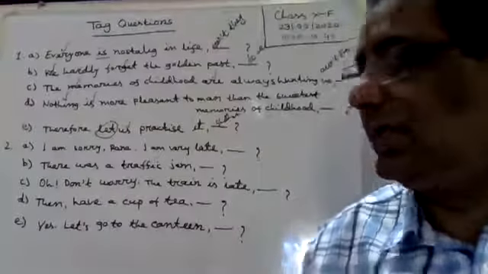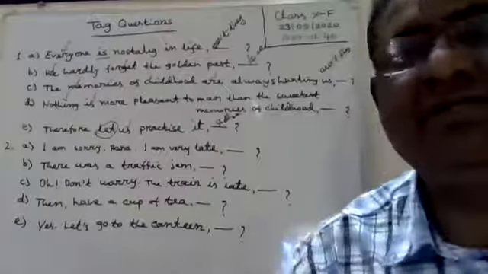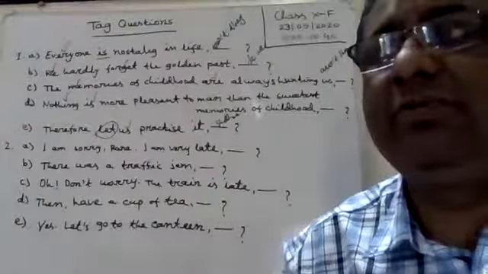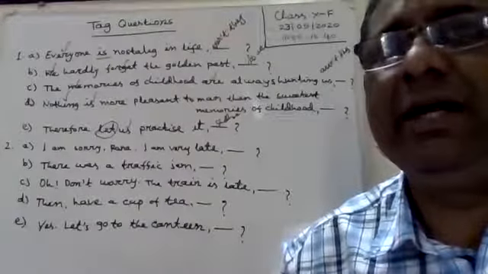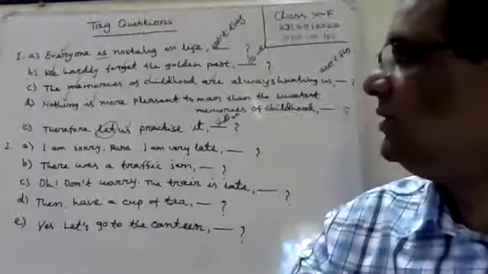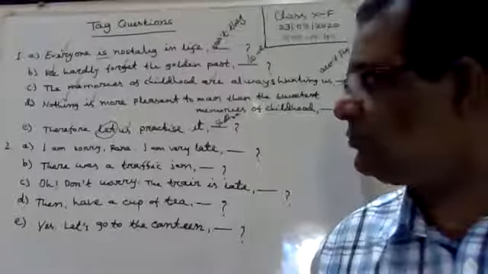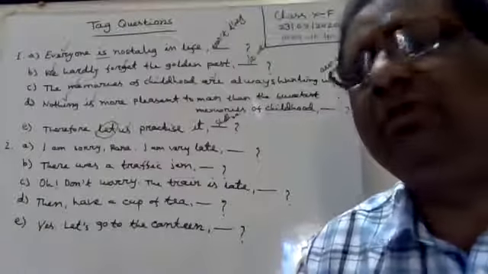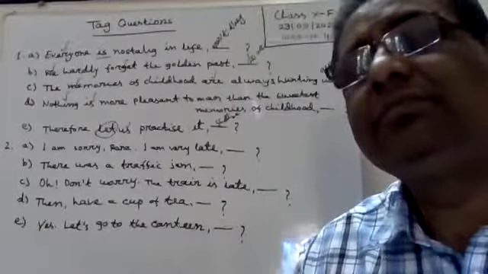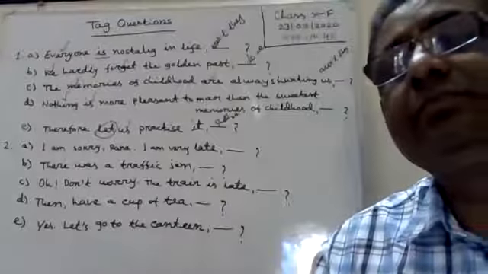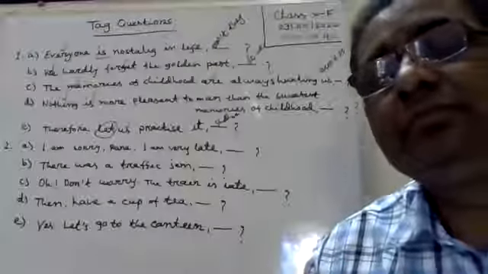We'll move forward to the second one. This is a different type. Don't be confused seeing the type of sentence writing. Number 2. Can you hear the writing on the board clearly? Yes, sir. Can you see the writing on the board?